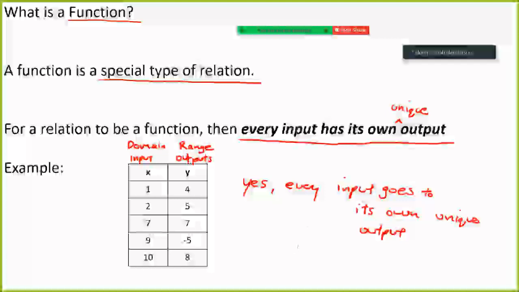So this is a function. This table represents a proper function because it meets this rule. Every input goes to its own unique output.